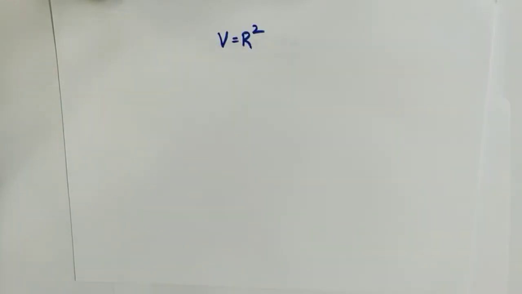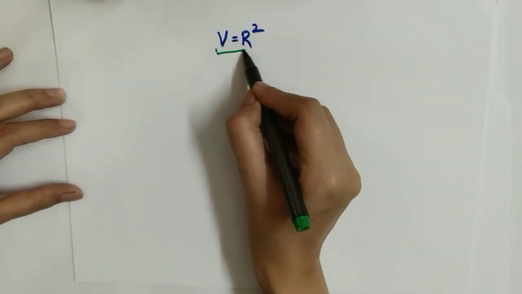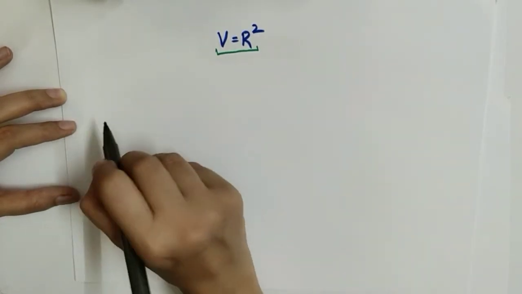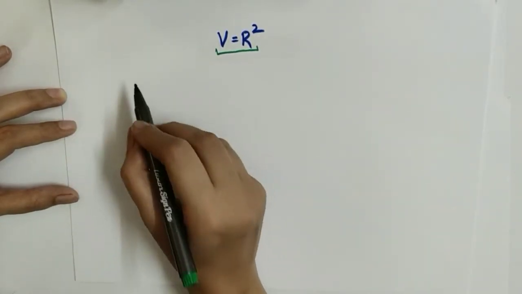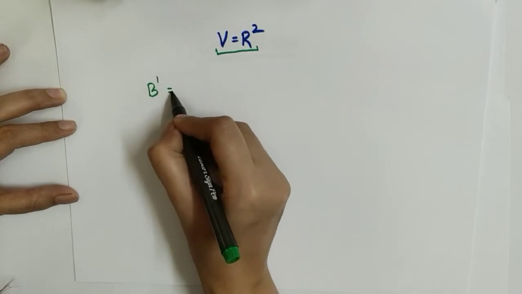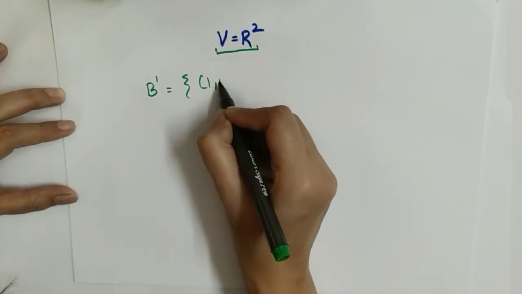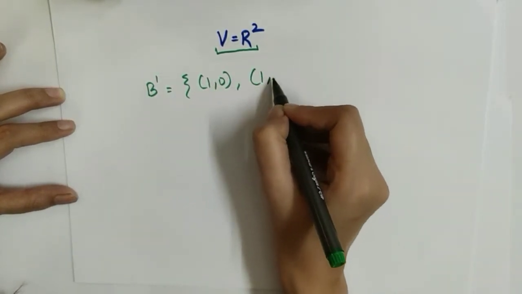Now, let us take V equal to R2 again, but instead of taking B equal to {(1, 0), (0, 1)}, we take B dash as {(1, 0), (1, 1)}.